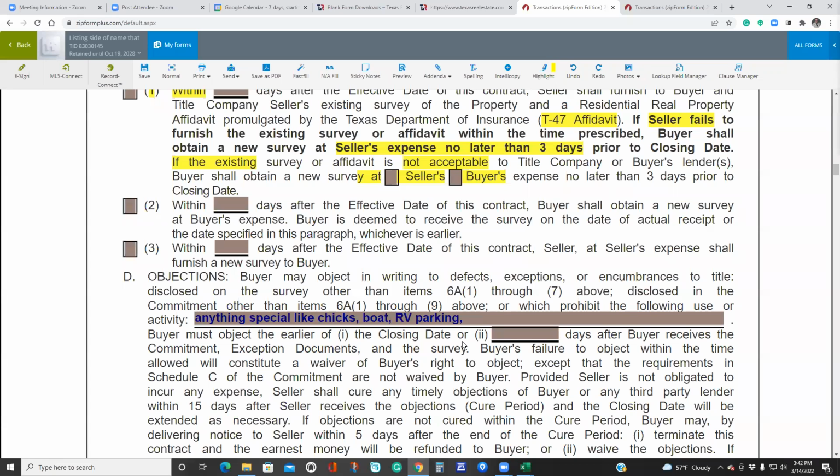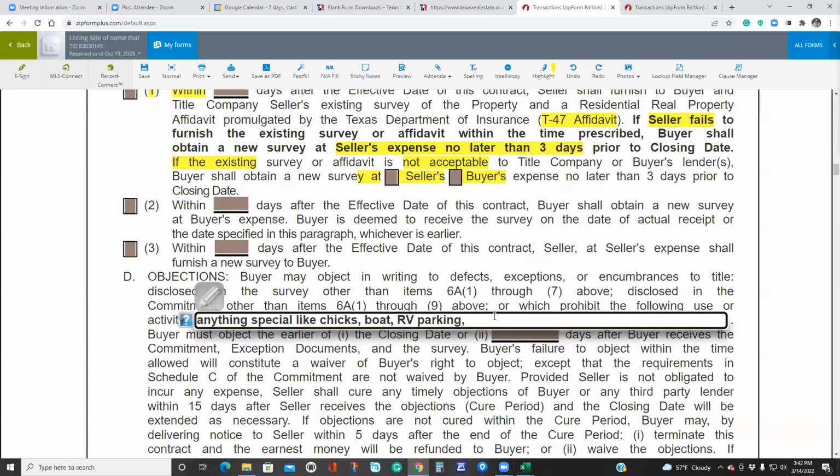This is for the buyer. Remember, no residential info.